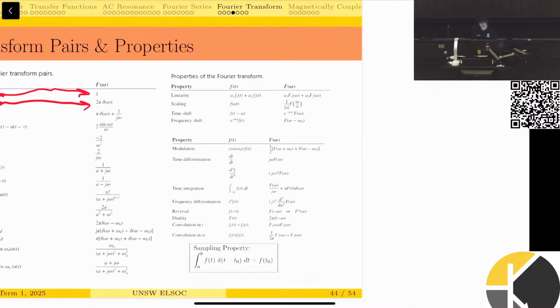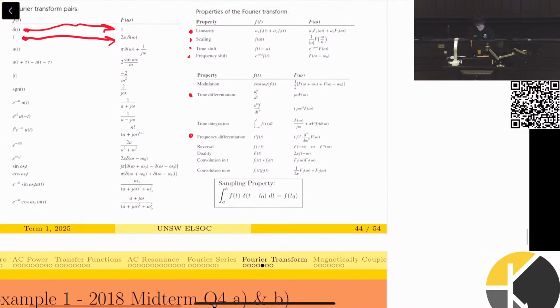Another thing we've been provided with is properties of Fourier transform. I'll mark the ones that I believe are most important. So the first one is linearity. That's important when we want to be breaking apart our functions and converting them separately. Scaling, time shifts, frequency shifts, and we'll be seeing an example where we use these differentiation properties as well. Those are very important. The last one that your lecturer might not have focused too much on is something called the sampling property.